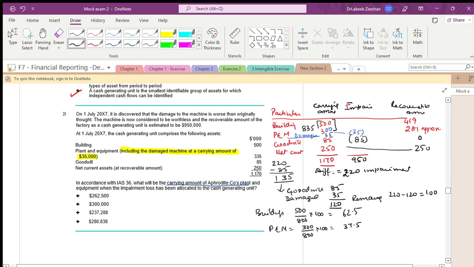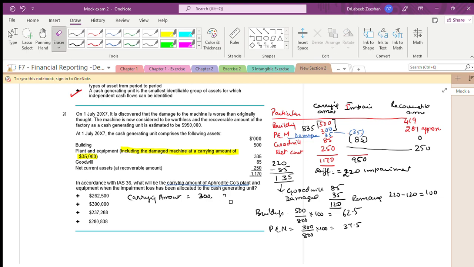Now what are they saying? They are talking in terms of plant and equipment. What is the carrying amount? Carrying amount is 300. It is in thousands. Next, depreciation is how much?